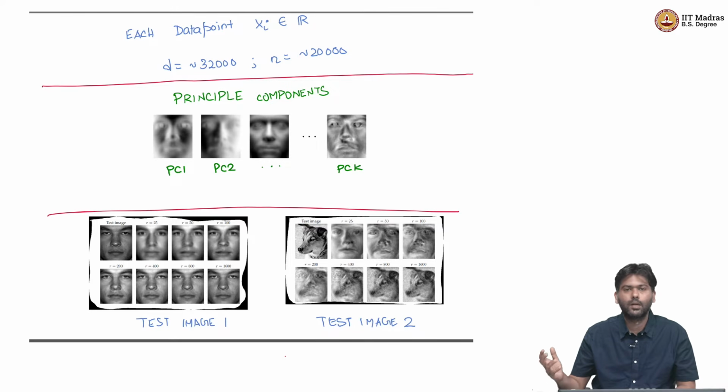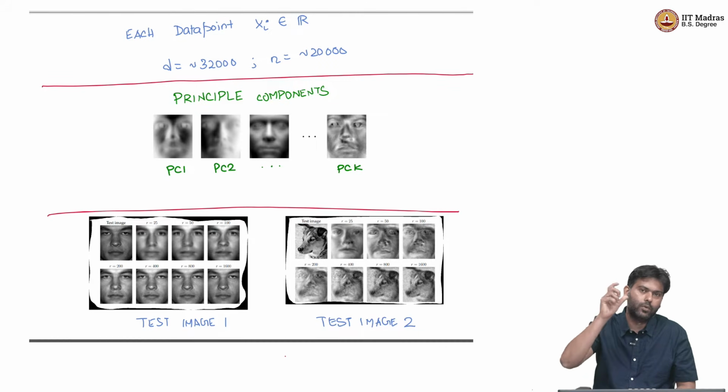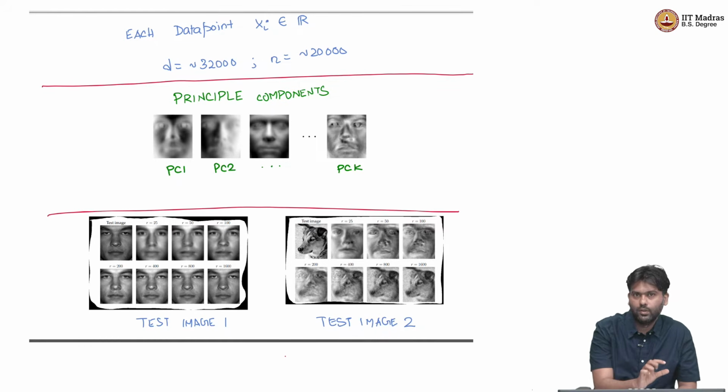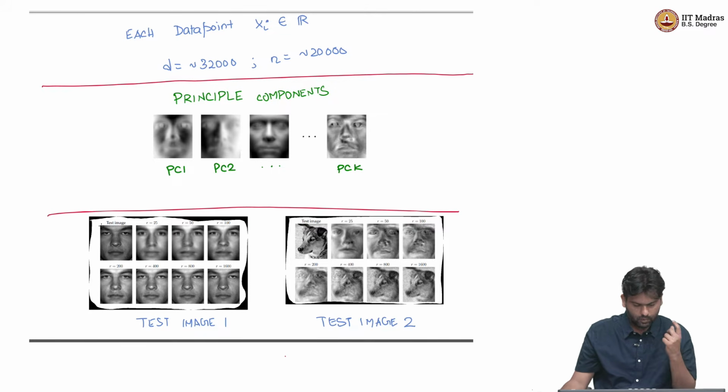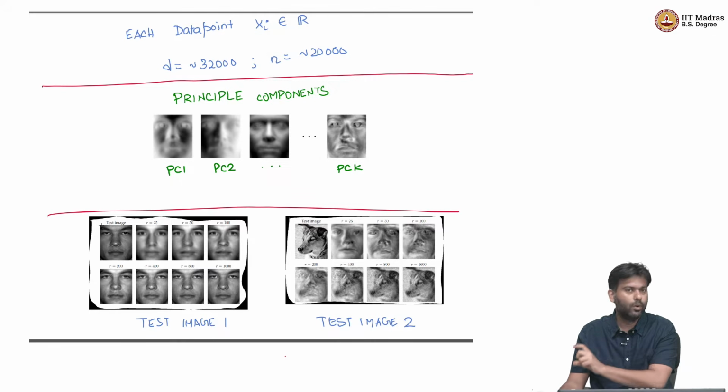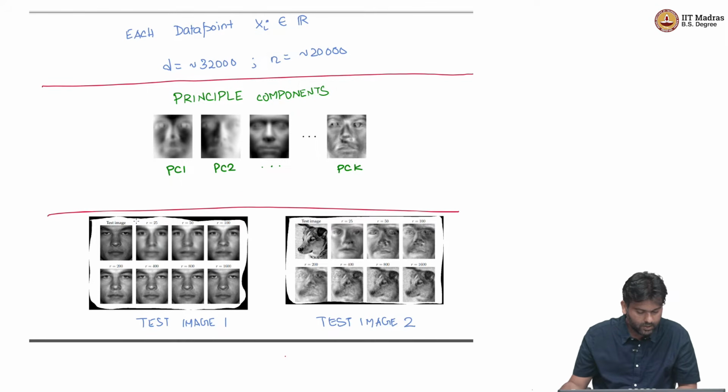Maybe again in a face recognition context, this could be some person who walks into your company, and your inbuilt CCTV camera clicks a picture of this person, and you get an image of this sort. Now what you're trying to do is reconstruct this image using only the top few principal components. This is the image reconstructed using just 25 principal components, the next one using 50, 100 and so on.